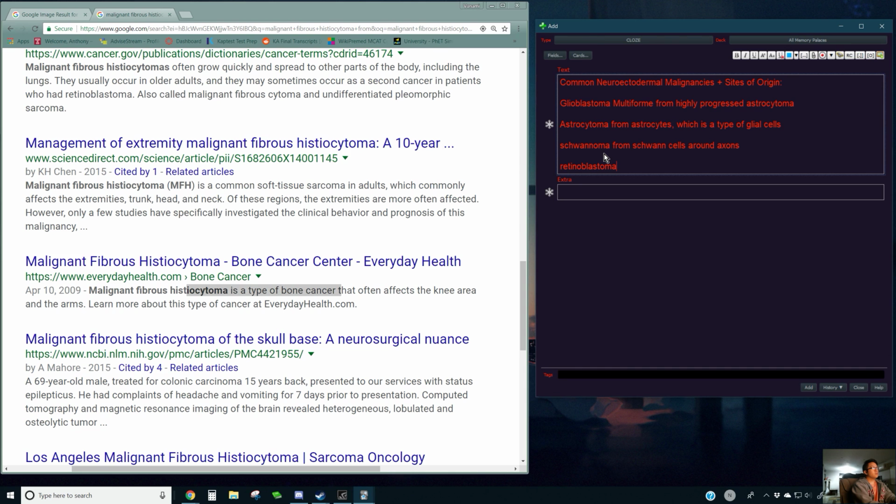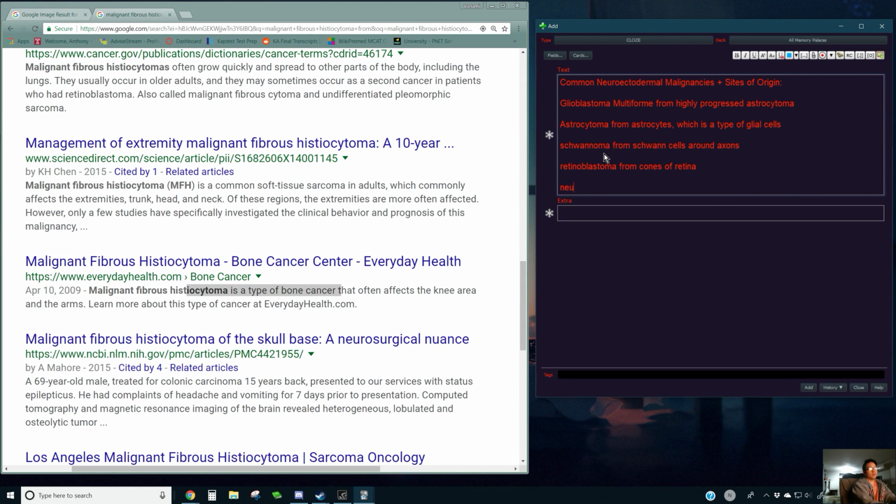Retinoblastoma from retina, right? From cones of retina. Neuroblastoma?